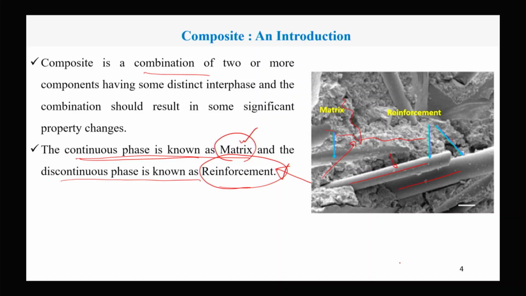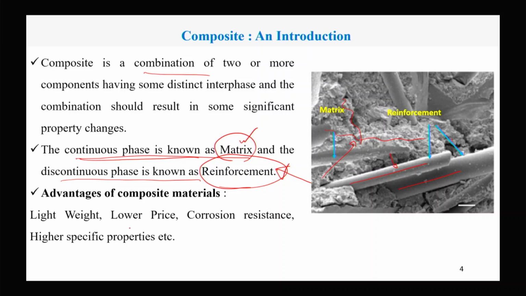That's why the reinforcement is called the discontinuous phase, and the reinforcement is present within the matrix, which is the continuous phase. So advantages are lightweight, low price, corrosion resistant, high specific properties like specific strength, specific modulus.